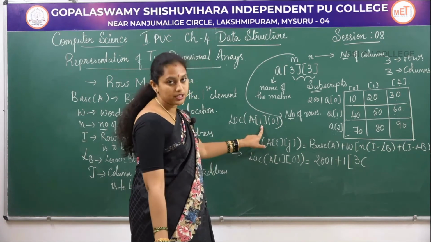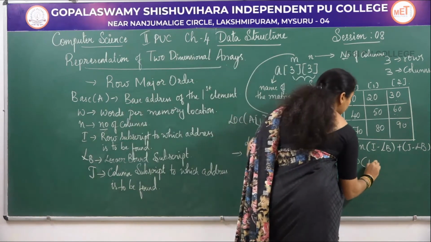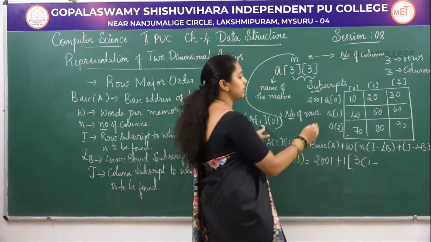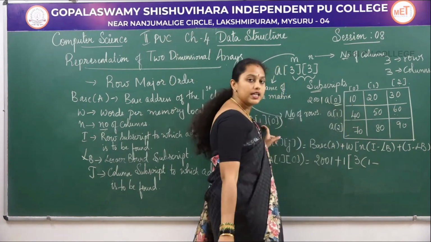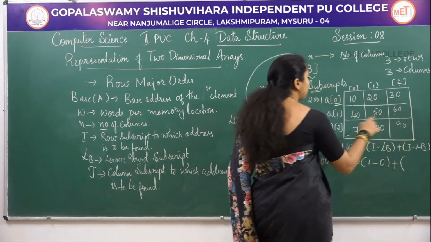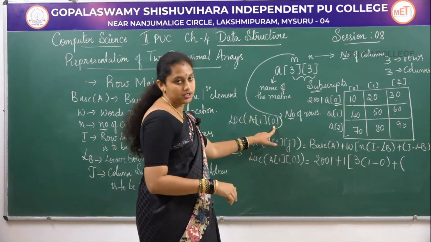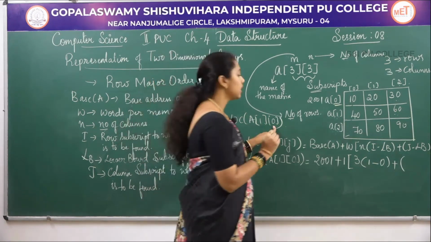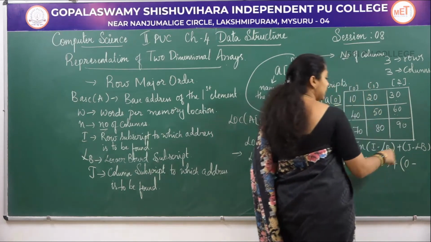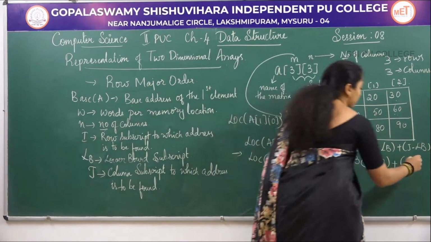That is the row subscript to which we have to find the address. 1 minus LB, lower bound address. What is the lower bound address? The lower bound address is 0 plus J minus. So what is J? J is nothing but the column subscript to which we have to find the address. So the value of J is 0 minus lower bound address. What is the lower bound address? That is 0.